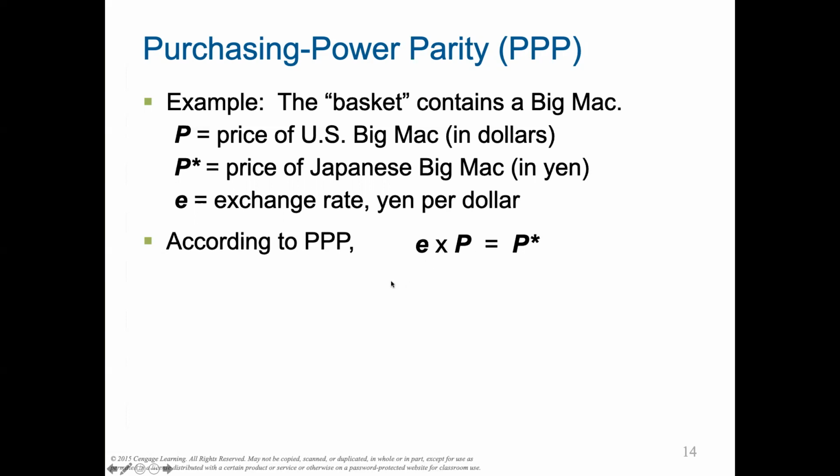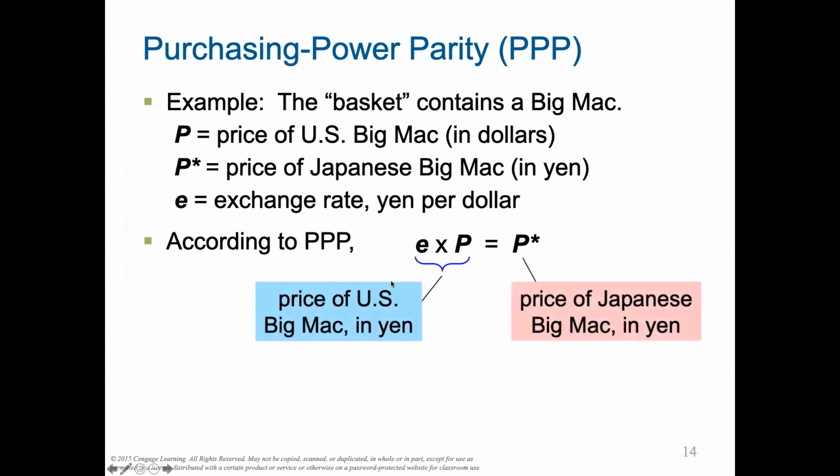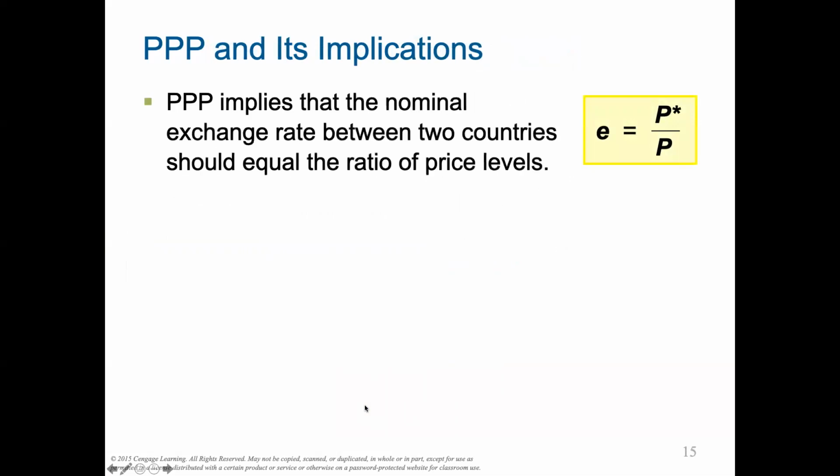So if we wanted to solve for the exchange rate, we would say that the price in Japan for that Big Mac divided by the price in the United States for that Big Mac should equal the exchange rate. So what's the implication of this?